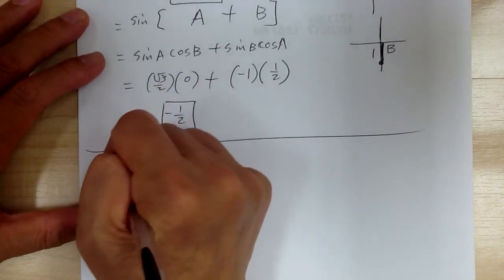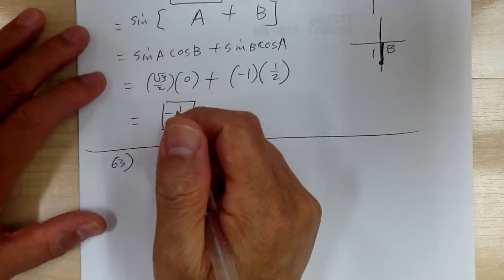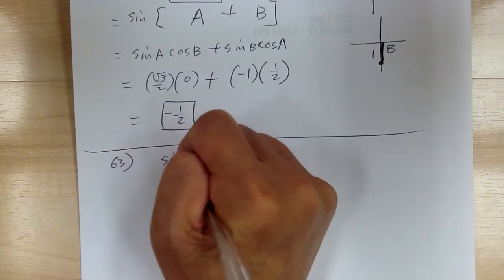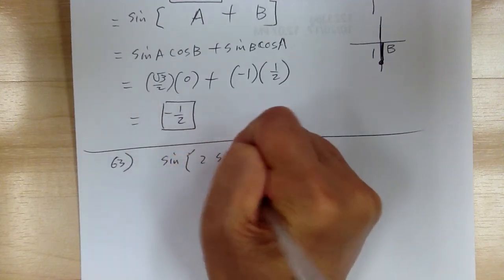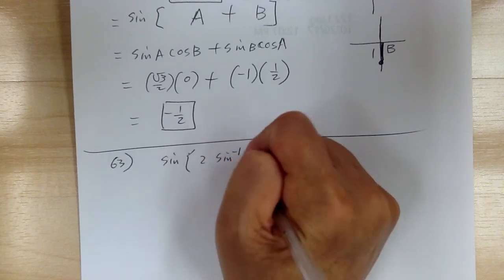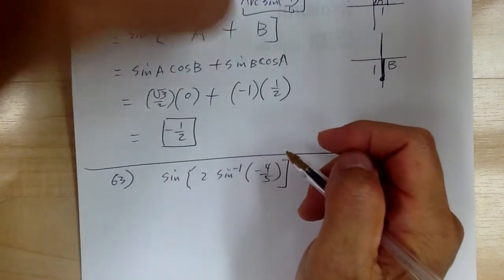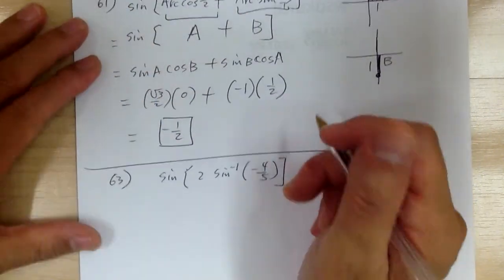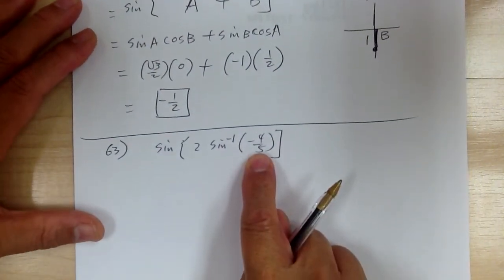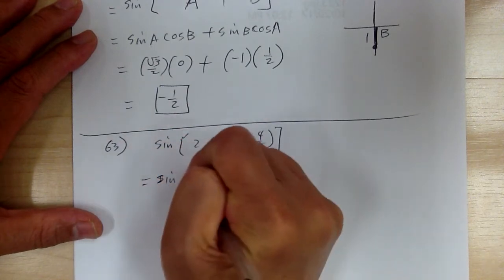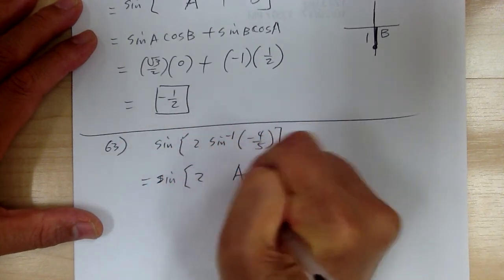Okay, let's go to 63. Sine of 2 inverse sine of -4/5. So as soon as you see inverse function, right away that's an angle, so this is equal to sine of 2A.